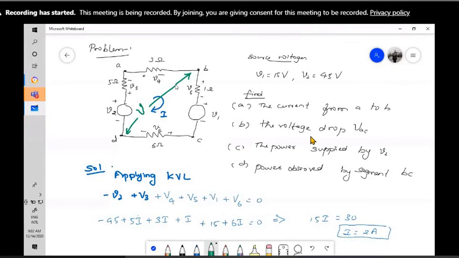If I connect a voltmeter across these points B and D, it will show some reading, and that reading will be the same as the voltage drop from B to C and C to D, and it will also be the same as the voltage drop from D to A and from A to B. Both are the same. So please remember this point when we actually solve this problem.